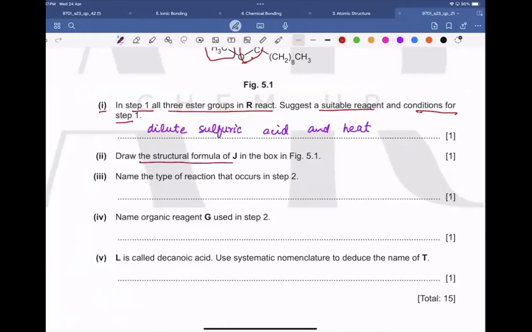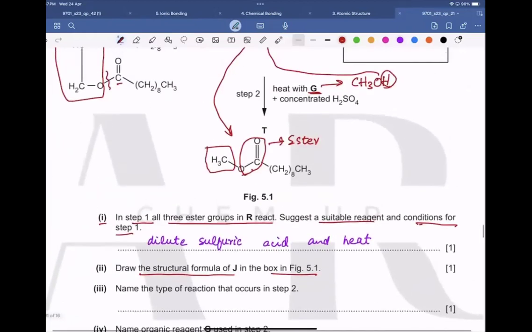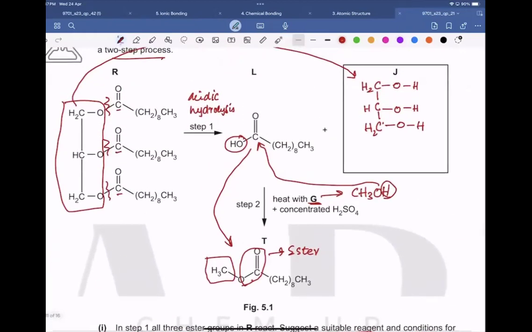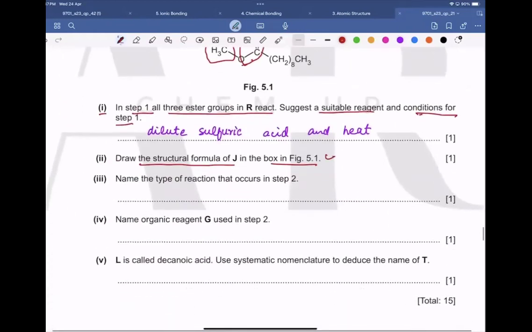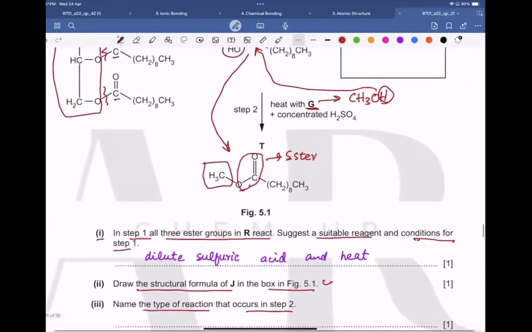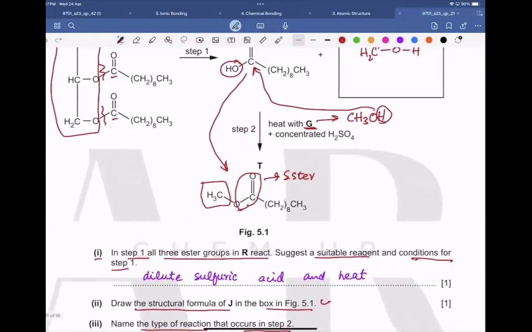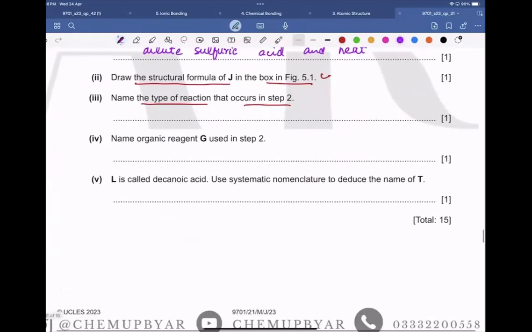Draw the structure of the formula of J in box figure 5.1. So we already did it. Name the type of reaction that occurs in step 2. So yes, an ester is formed. Which type of reaction is it? Yes, very good, Bunny. It's a condensation reaction.